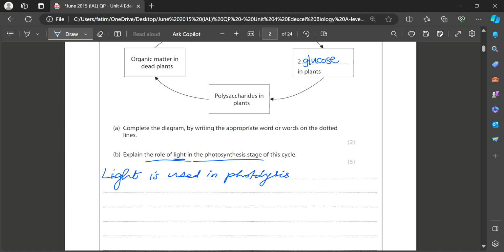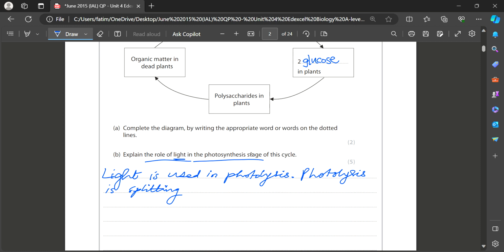And we need to explain what photolysis is. So photolysis is the breakdown, maybe the splitting. Photolysis is, I'll say splitting. You can say breakdown. I think splitting would be more appropriate here though.